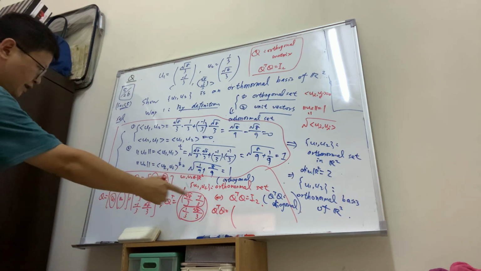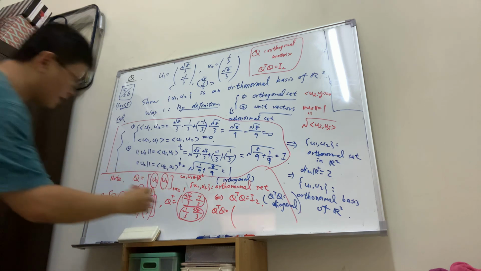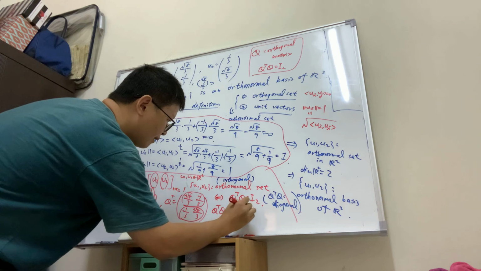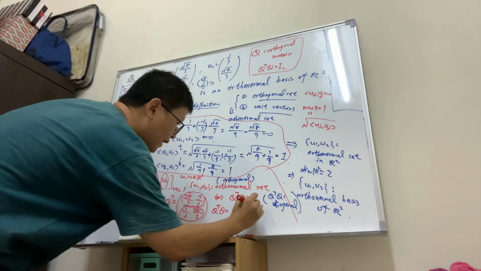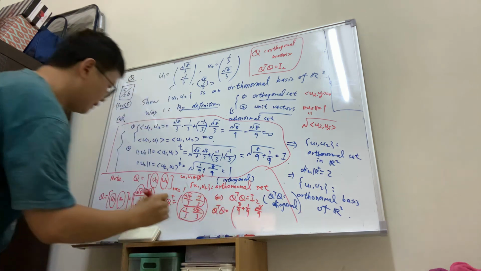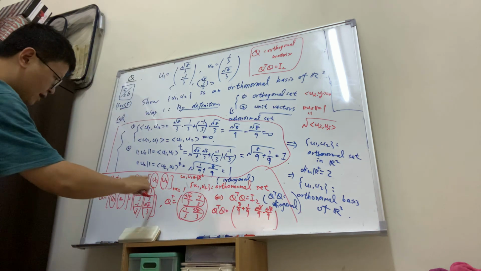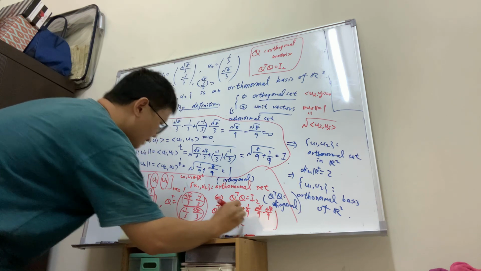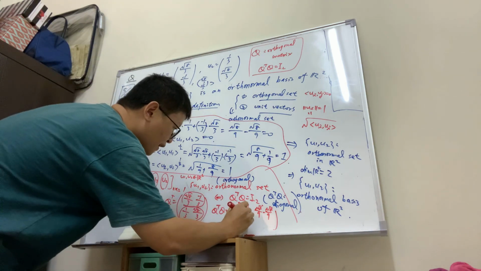Once you check Q transpose Q, you will see the first entry is 8 over 9 plus 1 over 9. The off-diagonal entries are square root of 8 over 9, subtract square root of 8 over 9, which cancel.